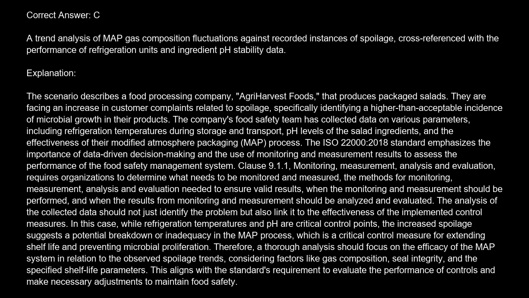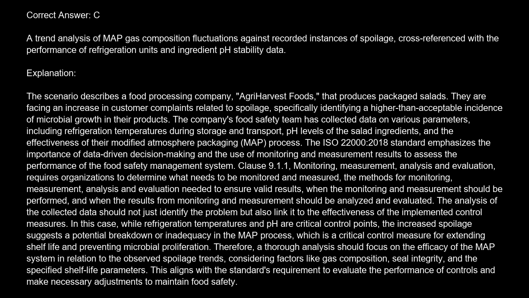The analysis of the collected data should not just identify the problem, but also link it to the effectiveness of the implemented control measures. In this case, while refrigeration temperatures and pH are critical control points, the increased spoilage suggests a potential breakdown or inadequacy in the MAP process, which is a critical control measure for extending shelf life and preventing microbial proliferation.